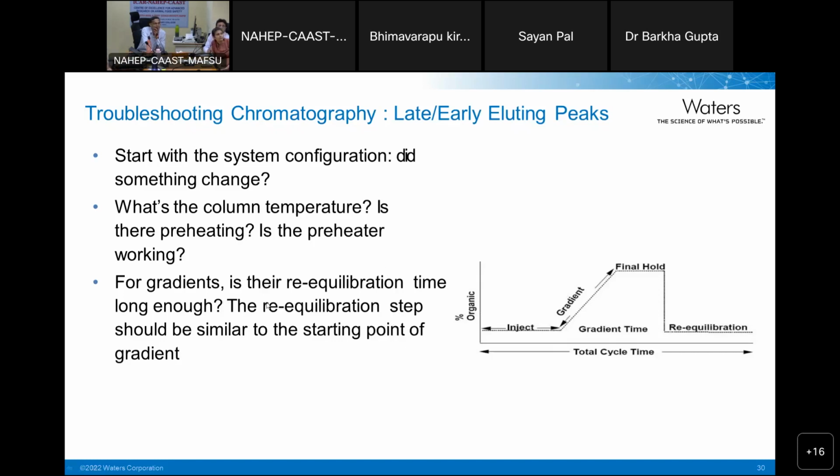For the gradients, is the re-equilibration time long enough? The re-equilibration step should be similar to the starting point. That is, this is the actual analysis time and this is the re-equilibration time. So the column has to re-equilibrate back to the original step, and that time should be sufficient so that the next injection is working properly.